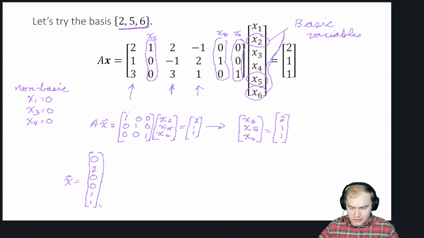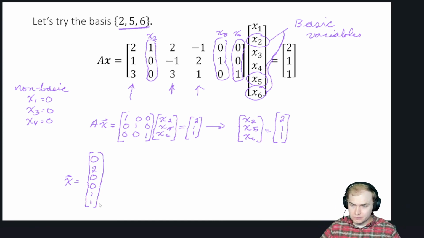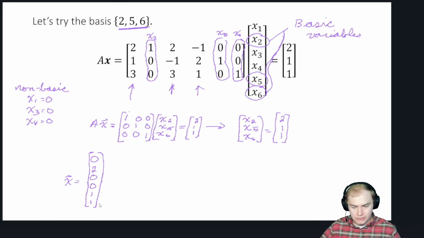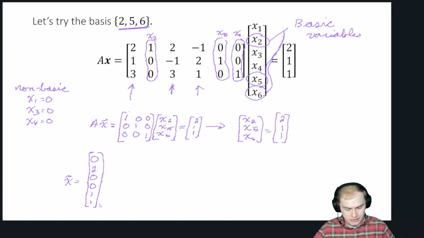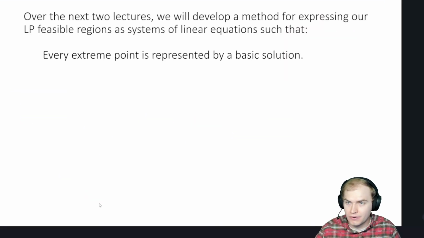Because we'll be using these bases to cycle through extreme points in our LP and compare them and find an improving direction in which to move and compare the next extreme point. So that is sort of the arc of the next section of the class.